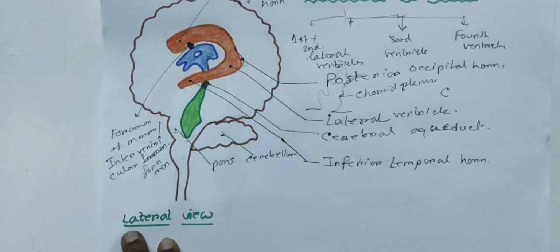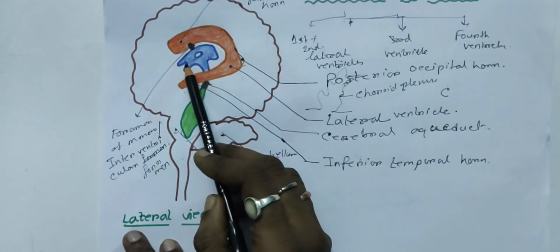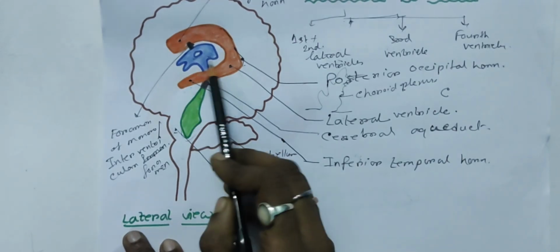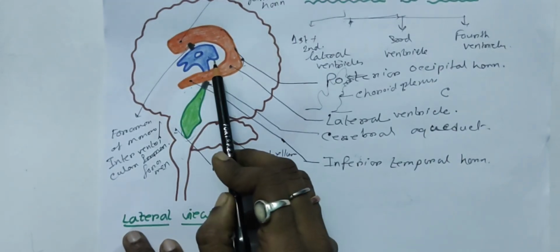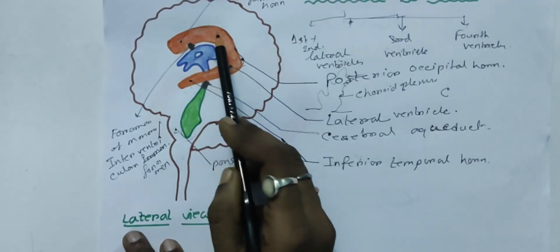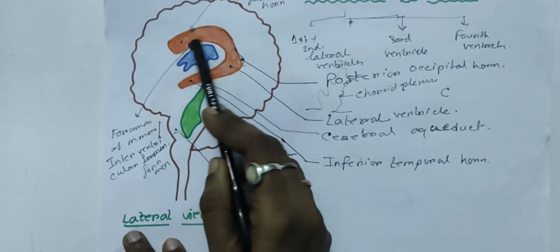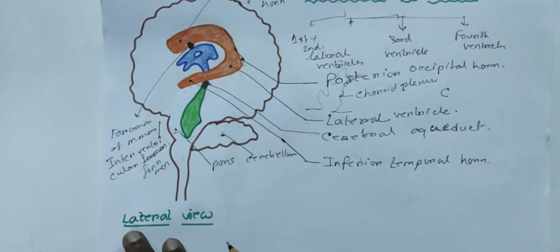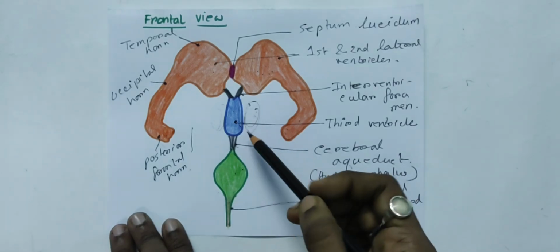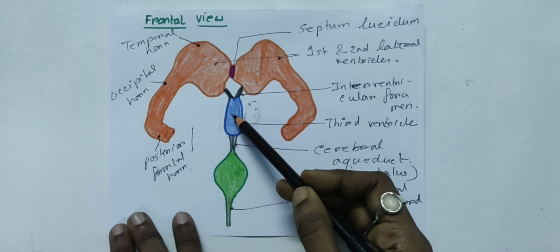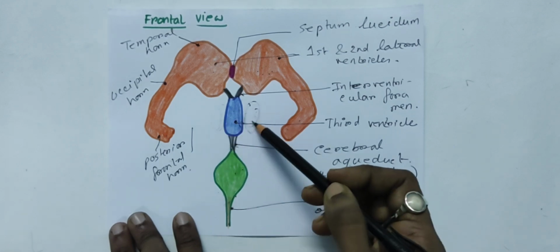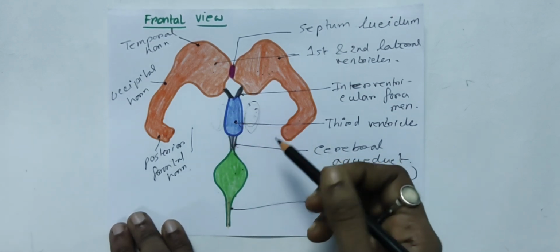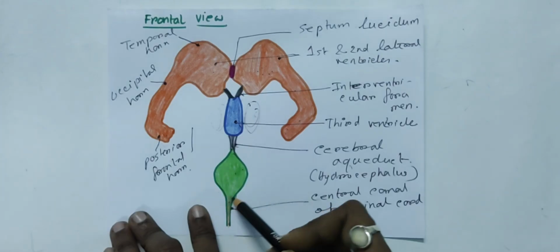And the third ventricle is located in between the thalamus, and the lateral ventricle is above the thalamus. So the cavity of the third ventricle is located in between the left and right thalamus.